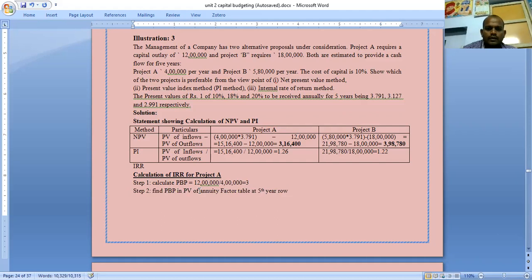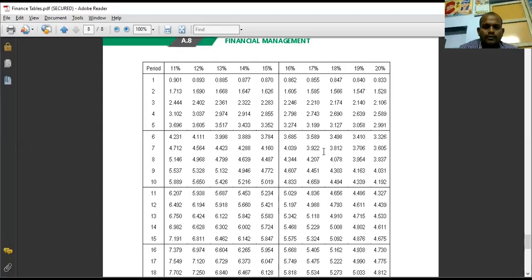So the value lies between 18 and 20%. This is the present value of annuity factor table. In fifth year row, the value lies between 18 and 20%.